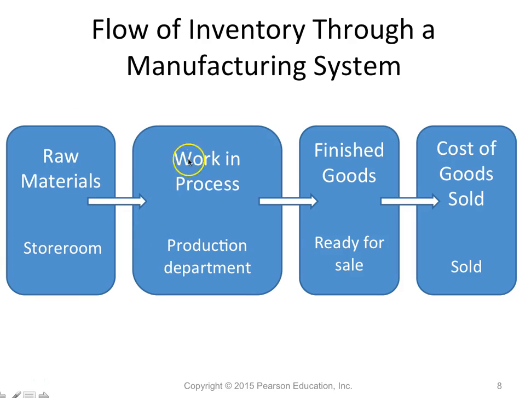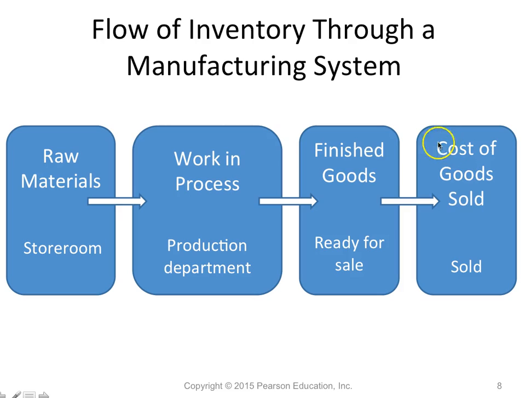I'm not an expert on this, but let's say the wood comes in and you're making furniture, a chair. Before you finish that, it's called work in process. And when you finish that, it's called finished goods. After painting, after all the treatment, it's ready for sale. So when you sell that, you're going to account for something called cost of goods sold.